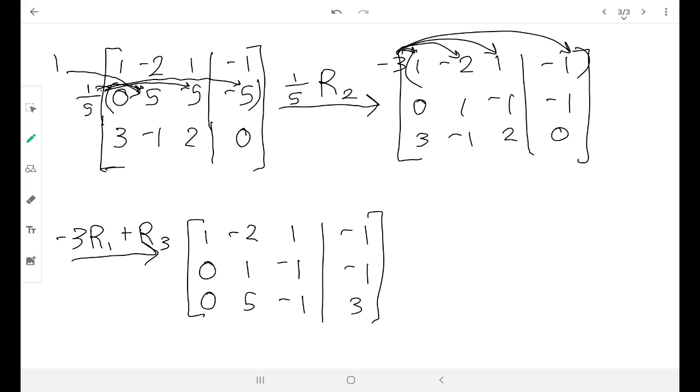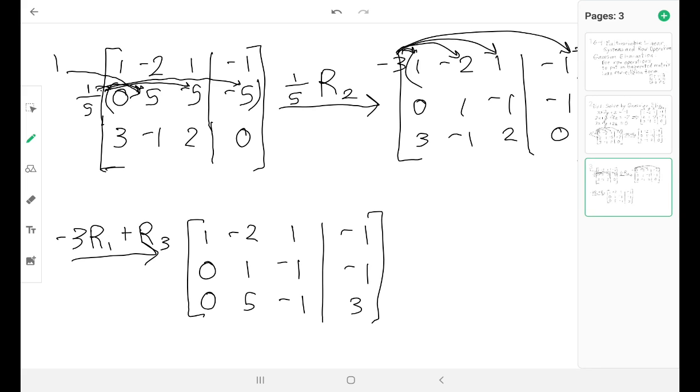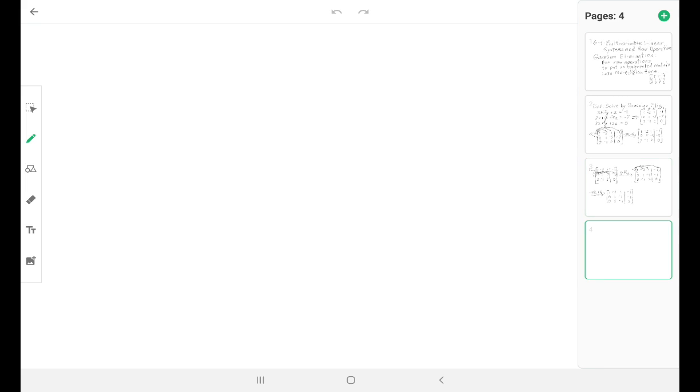and that is the next thing that we care about. So I'm going to take that to a new board, and I'll recopy that new matrix that we want.